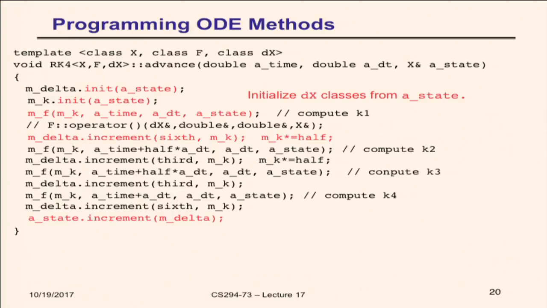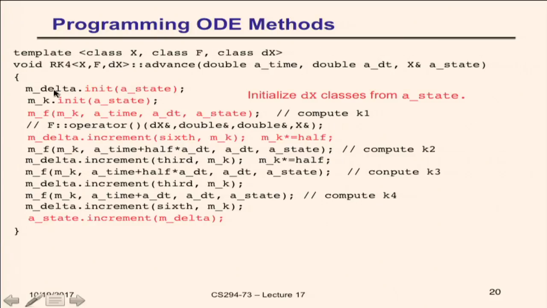So now how do we use all of this to program ODE methods? Remember, you have RK4, which is templated on state, on right-hand side, and on increments of state. Here's what advance looks like. What I've done is highlight in red the various instances of things happening to state.